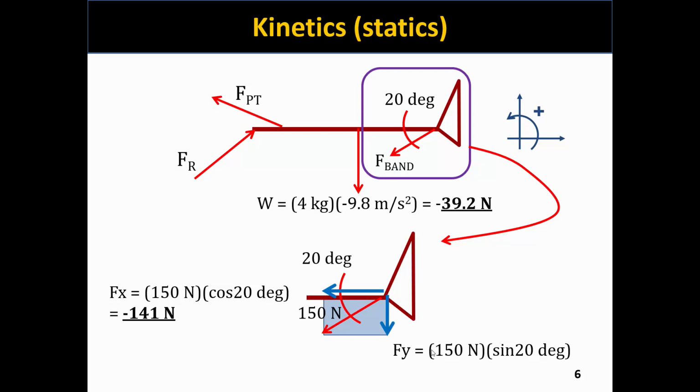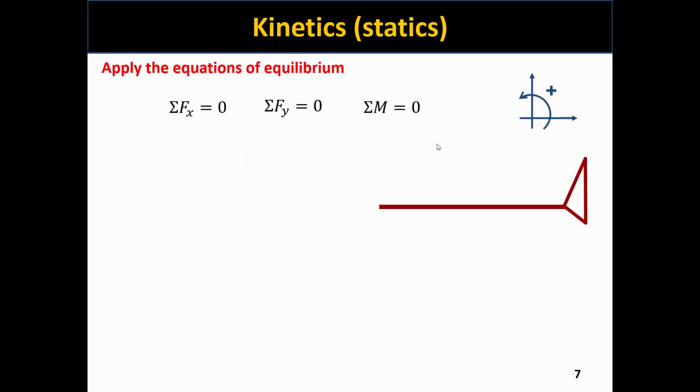When we calculate this value, we get negative 51.3 newtons. Negative because the arrow is pointing downward, which is opposite to the indicated positive direction for the vertical in our coordinate system. So now that we've successfully resolved our F band vectors, we can represent those a little bit differently in our free body diagram.